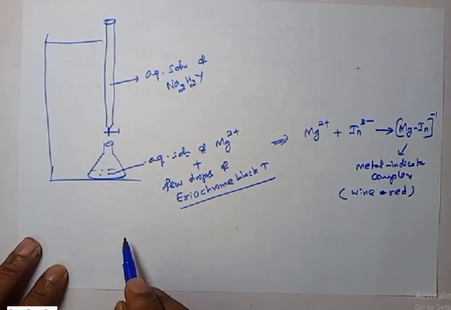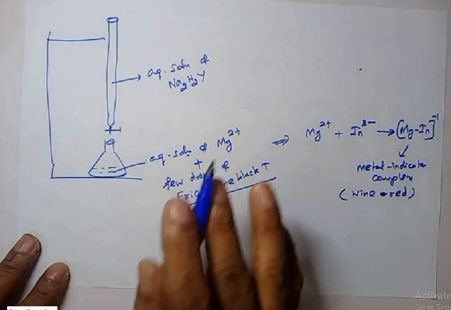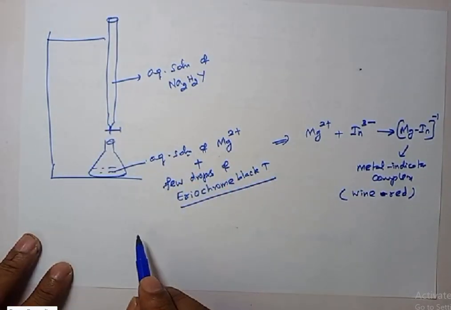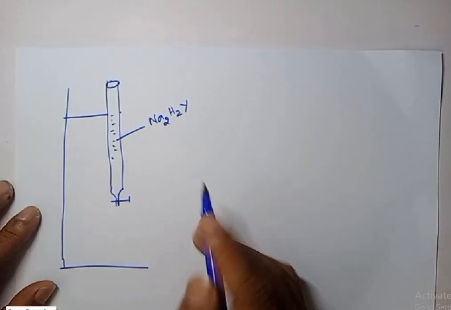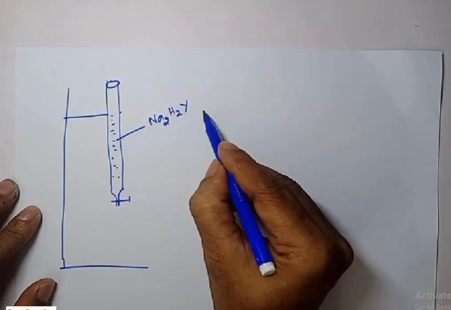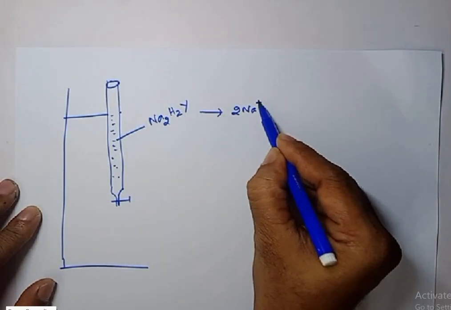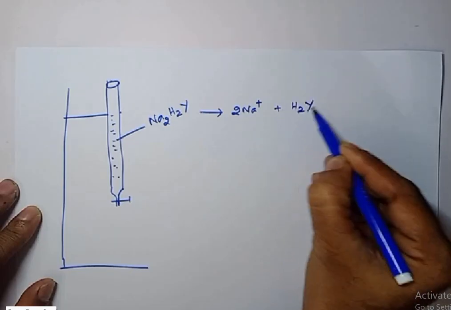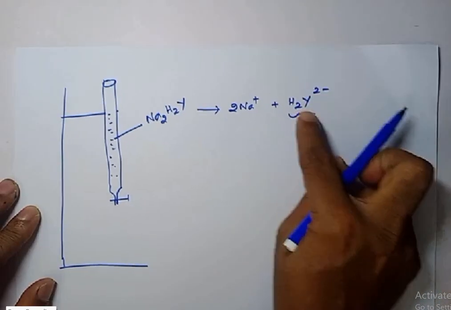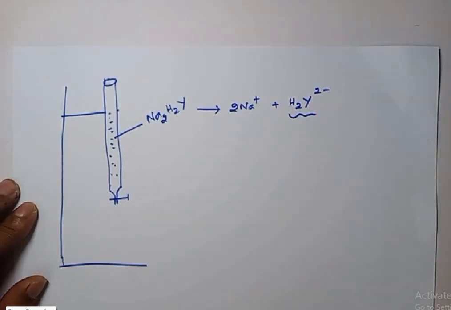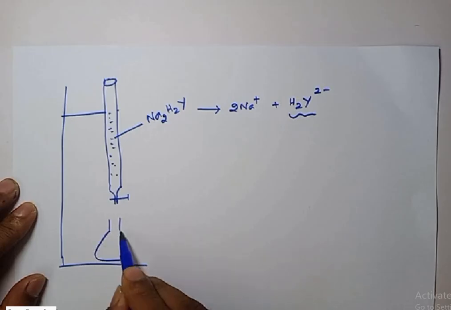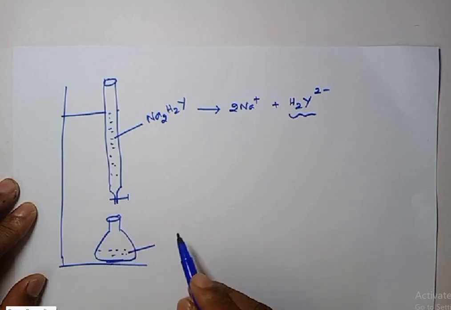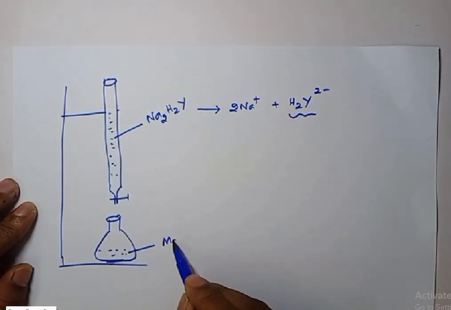Let me write here. When you add a titrant, what will happen? You know very well, in aqueous solution, the disodium salt will ionize to give 2Na+ and H2Y2-. So now the ligand exists in this form, H2Y2-, in the solution. In the conical flask, we take the metal ion solution. Just for understanding purposes, I took magnesium as an example.